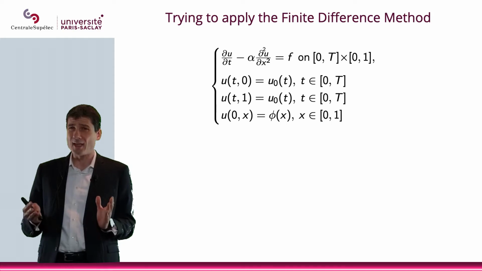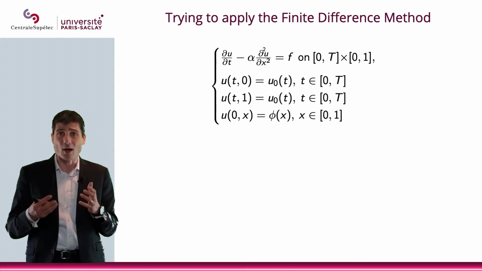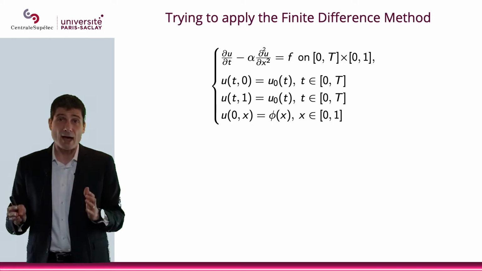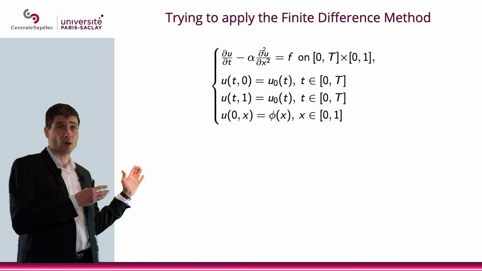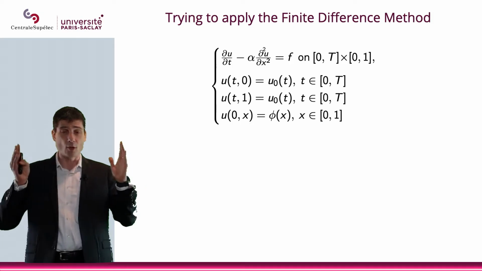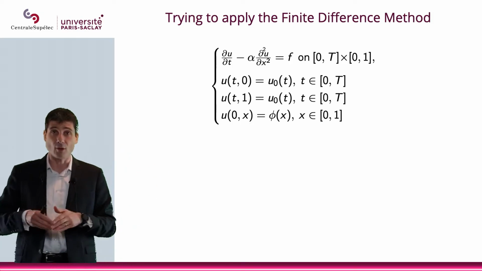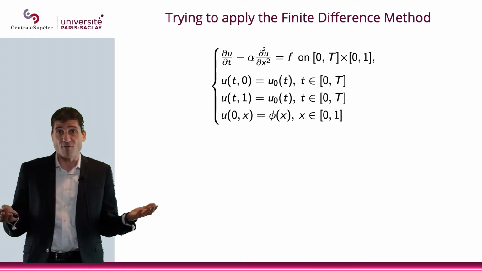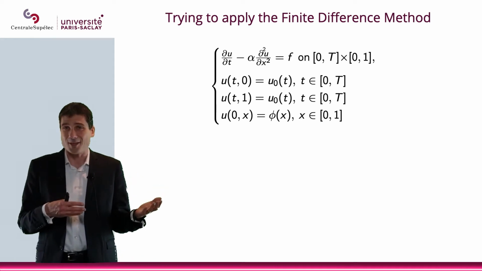So what I would like to do is to say, okay, let's just try to do a finite difference method scheme on this equation. I'm going to consider the time, I'm going to subdivide my time interval, I'm going to subdivide my space interval, and then I'm going to apply the finite difference method as I would have two chapters ago.